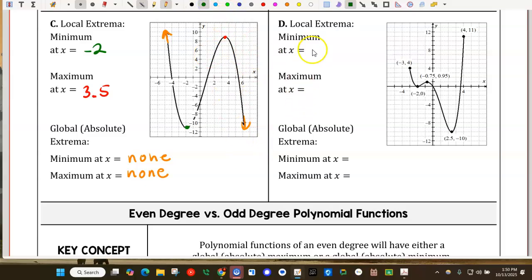Okay. So min, 2, 2.5. And max, we have negative 3, negative 7.5, and 4.